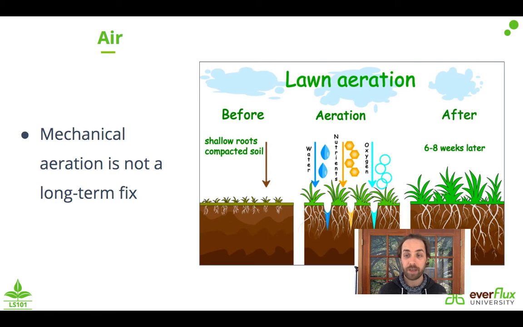It does improve that aeration. The problem is that if you don't have healthy soil that can keep itself aerated, eventually those air tubes are going to collapse. You know, activity is going to happen on your farm. Maybe you're driving a tractor over, maybe you're stepping on the soil, whatever. Those air holes are probably going to collapse eventually, and you're going to go back to having the same problem.